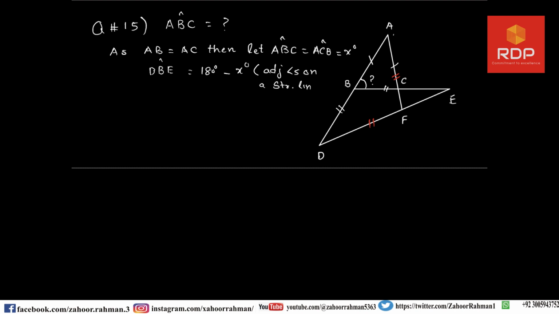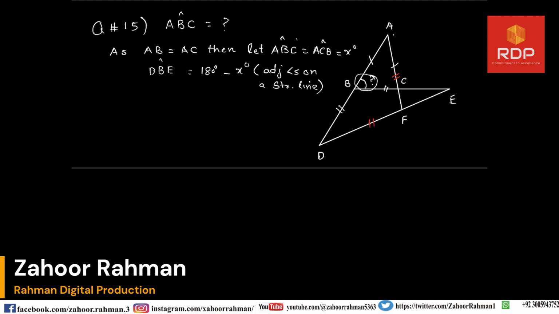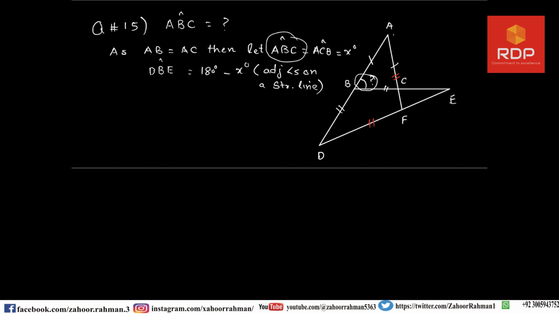So this theorem is used here, that DBE, which is this angle, must be equal to, because a straight line is 180 degree, 180 degree minus x. Where this x came from: we supposed ABC here to be x degree. So keep this in mind. You have to go systematically.